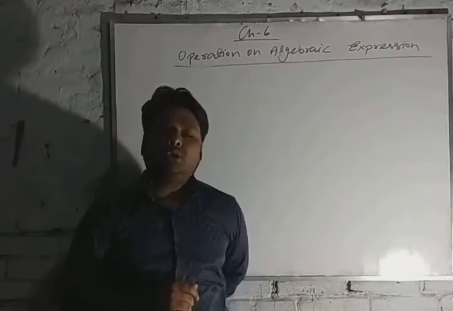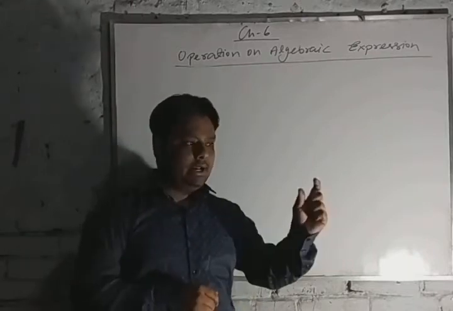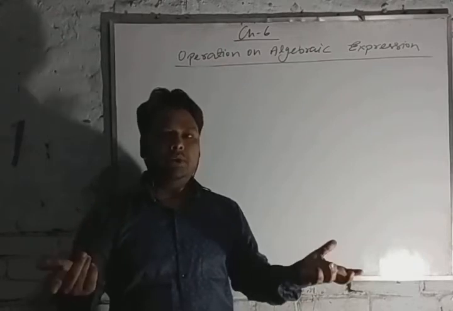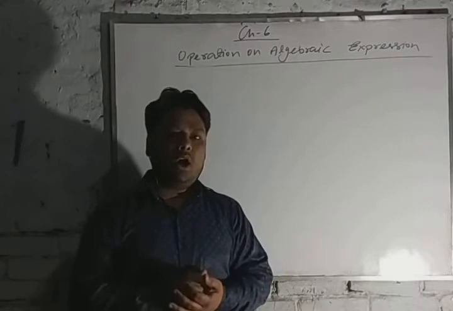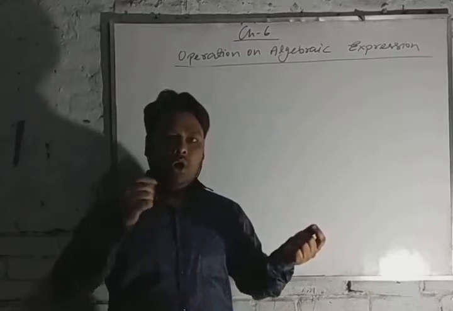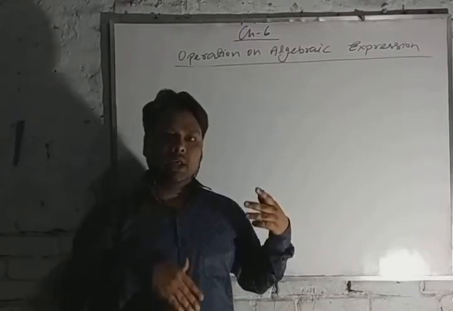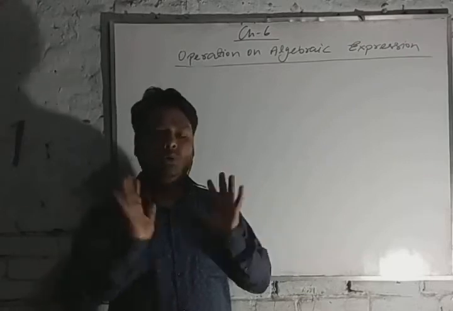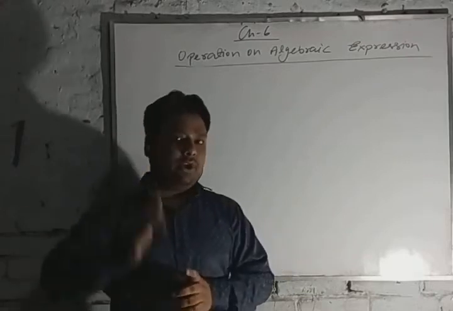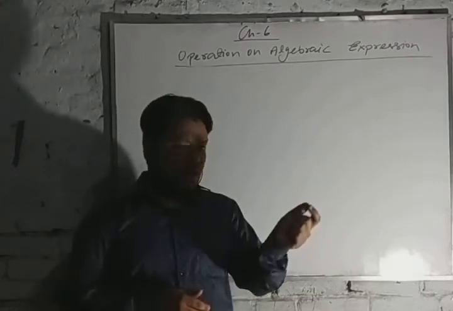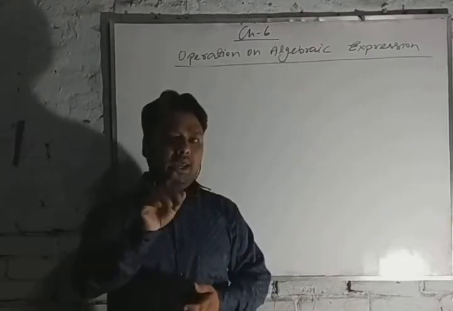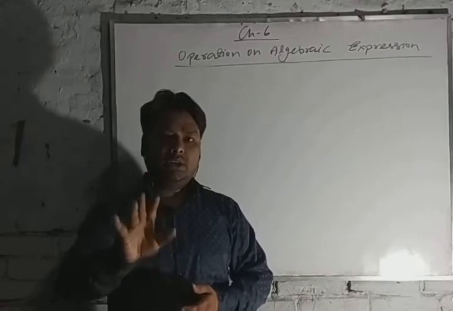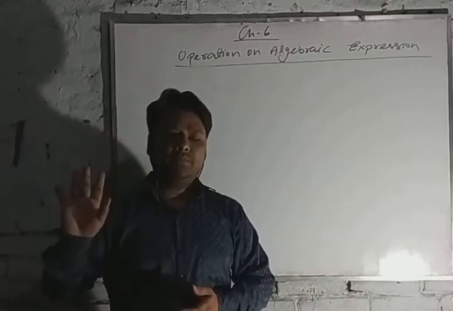If you are adding a like and an unlike term, it means it is wrong, because the whole process is wrong. You cannot add a like term and an unlike term together. You have to be careful about this also. If they are not like, then leave it. The same result will be your answer.